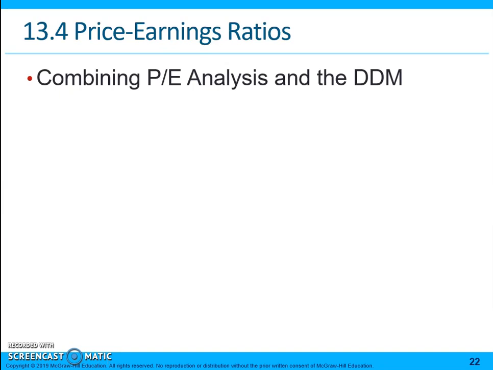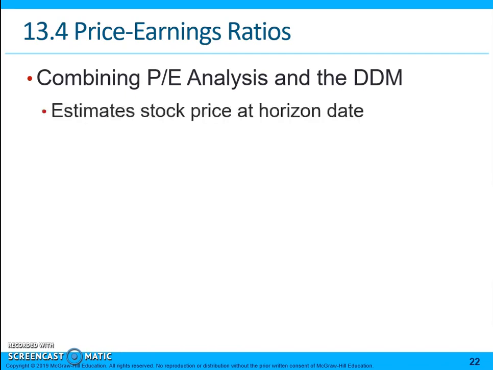So we can combine PE analysis with the dividend discount model, and what we do is we take the earnings per share and we estimate the stock price on a horizon date, and then we will present value it back to the current date to get the intrinsic value of the stock.